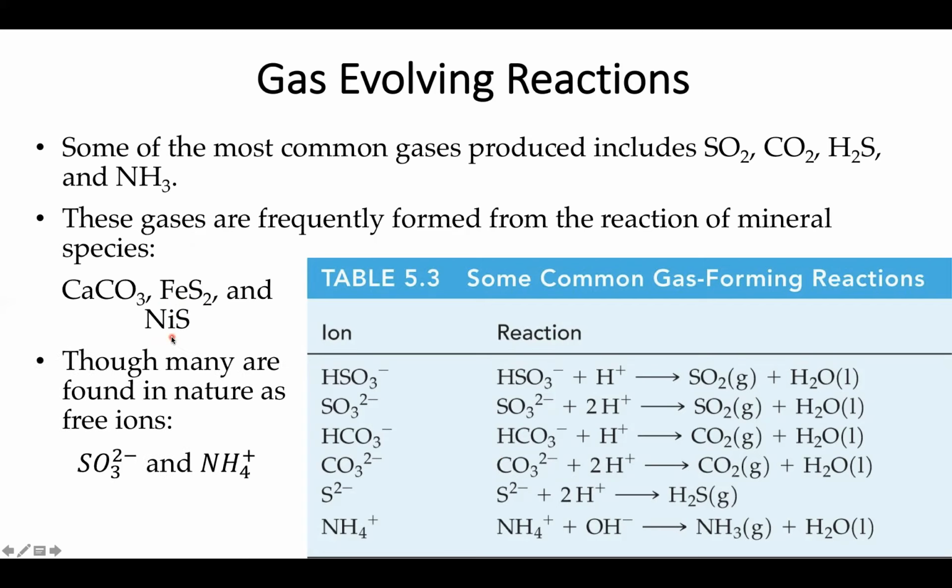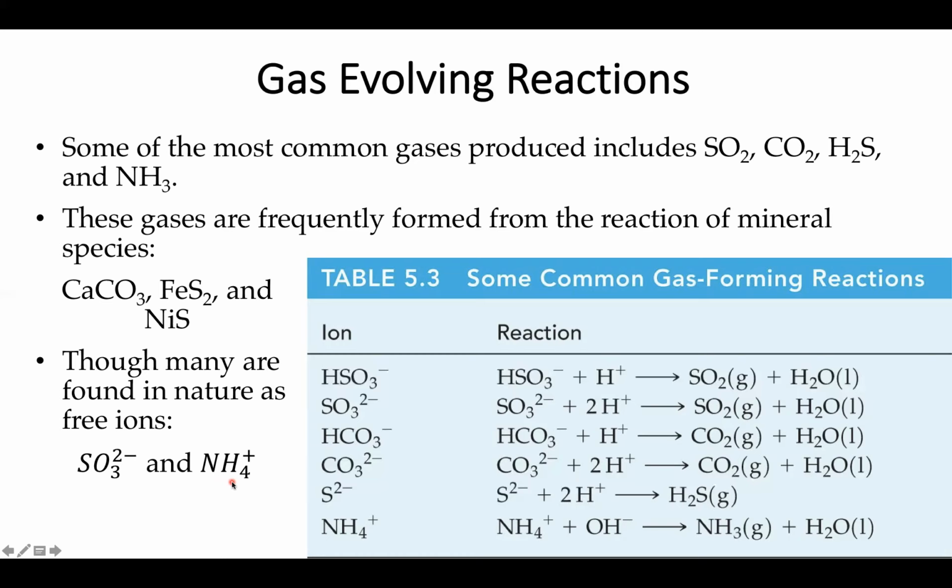However, a lot of these you'll find in nature, such as sulfites. So if you ever hear about people getting hangovers from wine, one of the reasons why is wine tends to have high levels of sulfites, which reacts badly with some people's metabolisms. And again, ammonium is found in all sorts of aquatic systems and is a predominant way that nitrogen is moved from one organism to another to help make proteins.